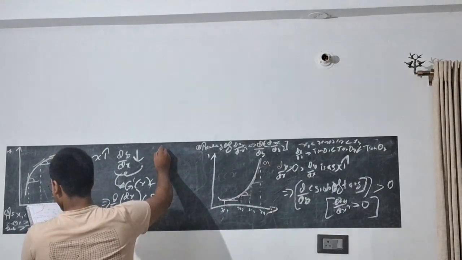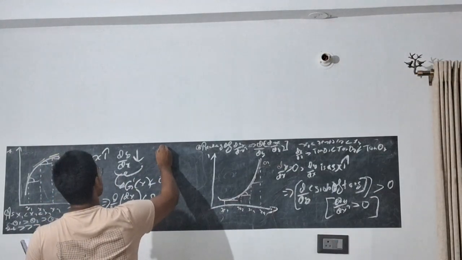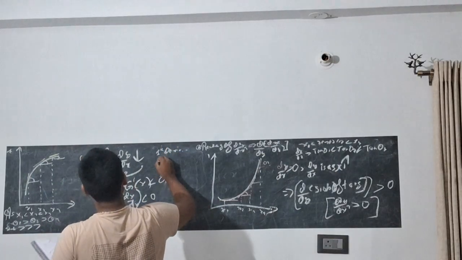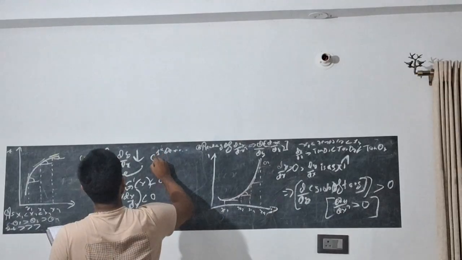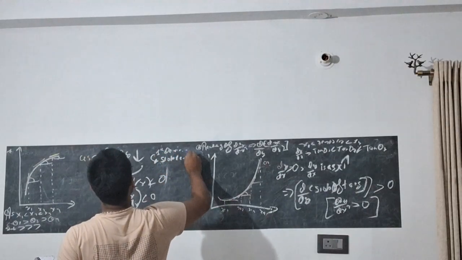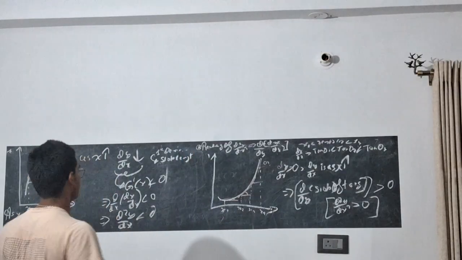So here, the first derivative will depend on the slope of the tangent. Yeah, we know that.